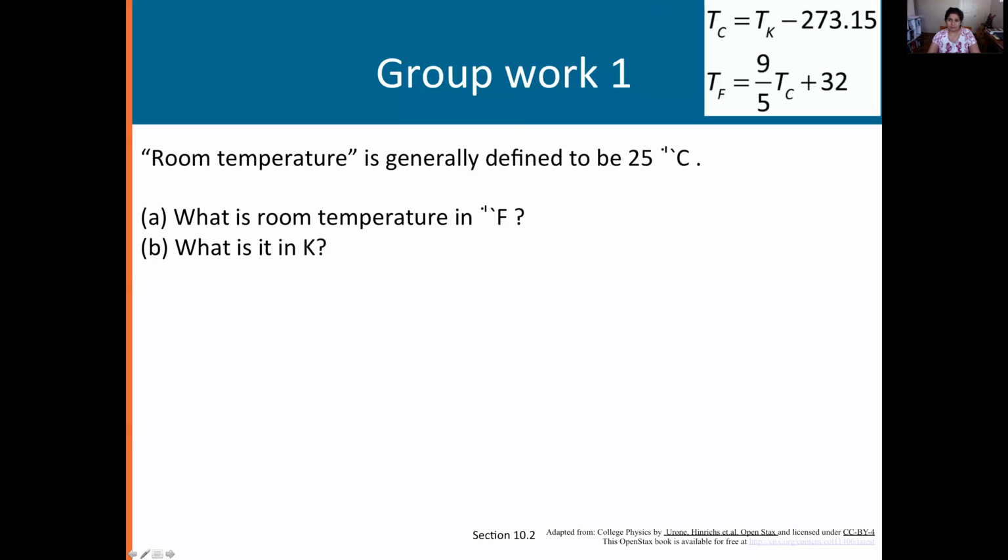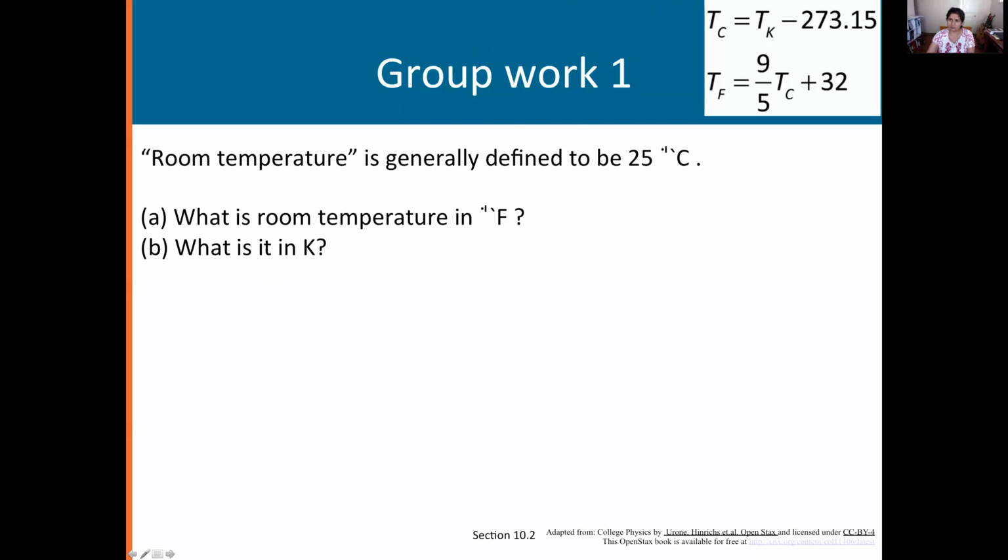What is the room temperature in Fahrenheit? We know Celsius. So we know this expression is what we need to use. We have 25 here, and we just need to find TF. Okay, use your calculator and get that value. What is it in Kelvin? If you know Celsius, you can always move to Kelvin. Which one is greater?